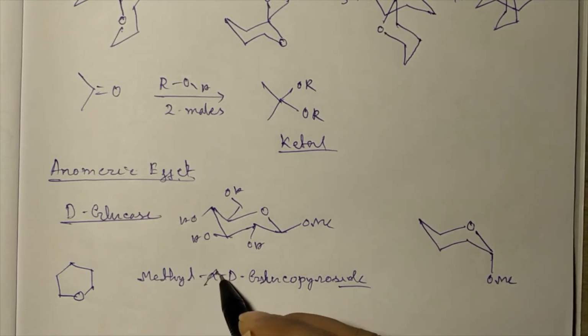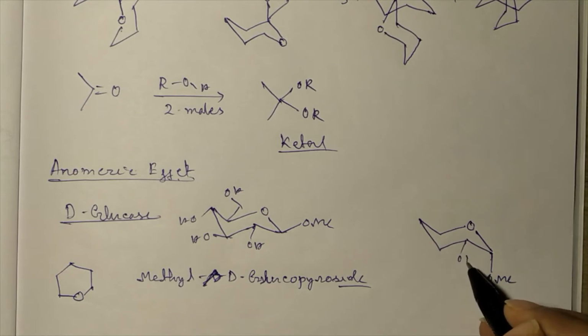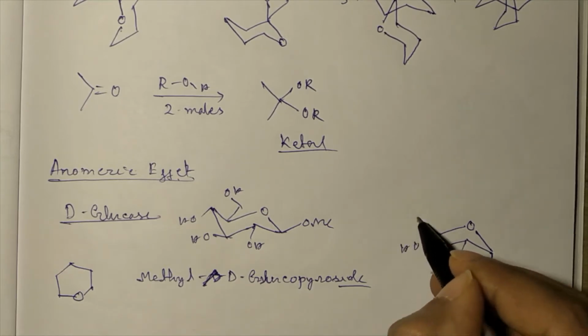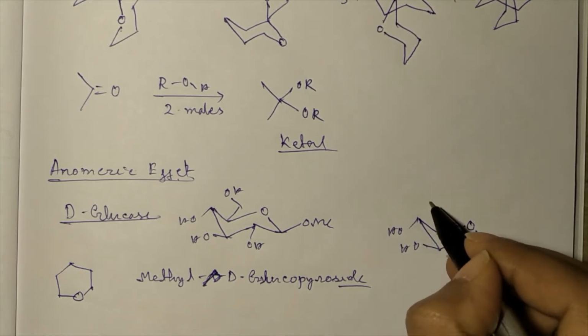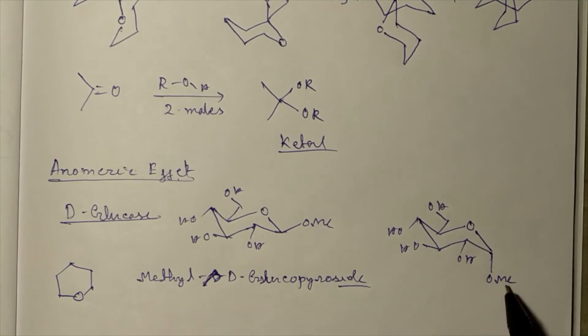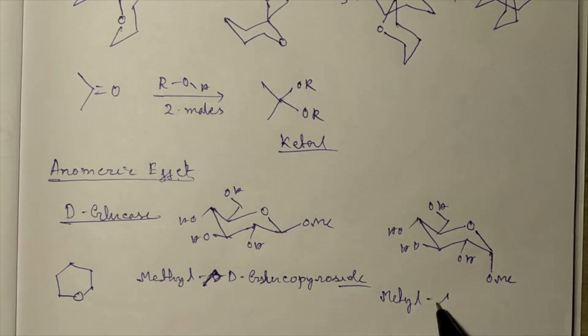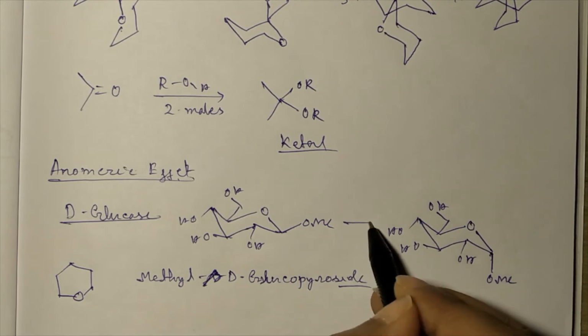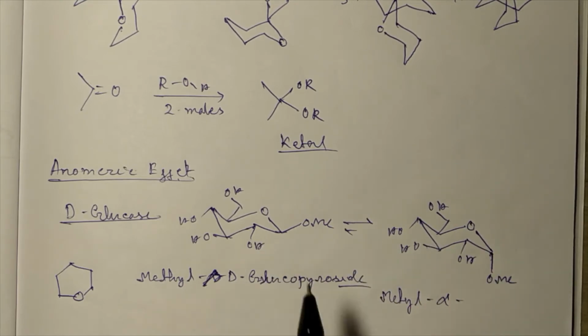Sorry, this is beta and this is alpha. If the OMe remains axial, then it is called alpha, that is methyl alpha D glucopyranoside. Now between these two, this is more stable than this.